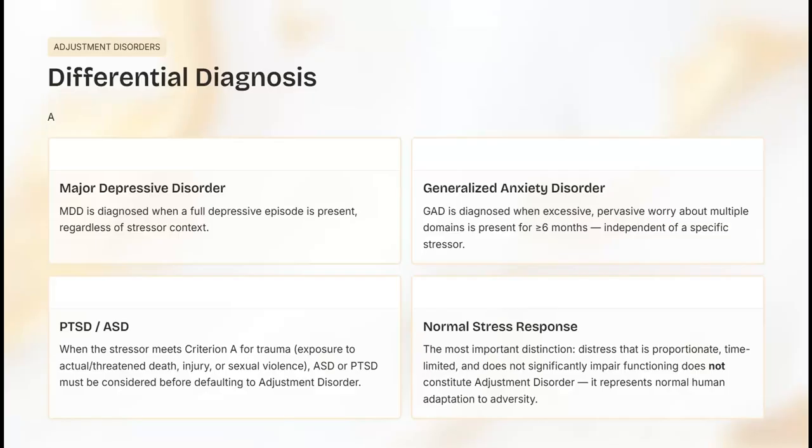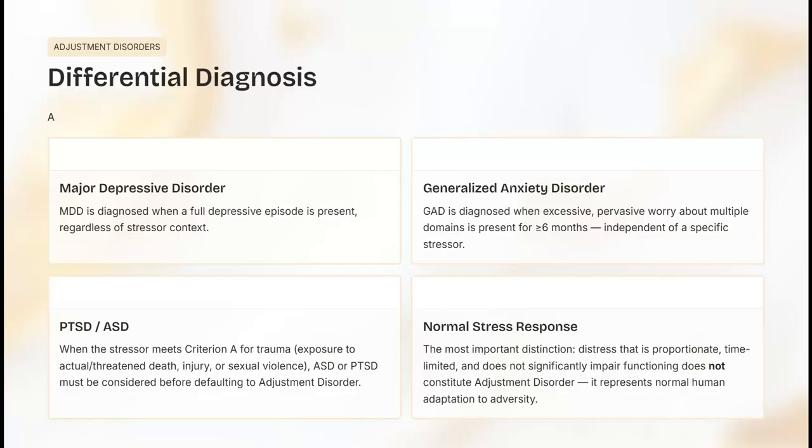And then for PTSD and acute stress disorder, if the stressor meets trauma criteria, exposure to the actual or threatened death, injury, or sexual violence, then you must rule out acute stress disorder or PTSD first before considering an adjustment disorder. And then the normal stress response, this is critical, okay?